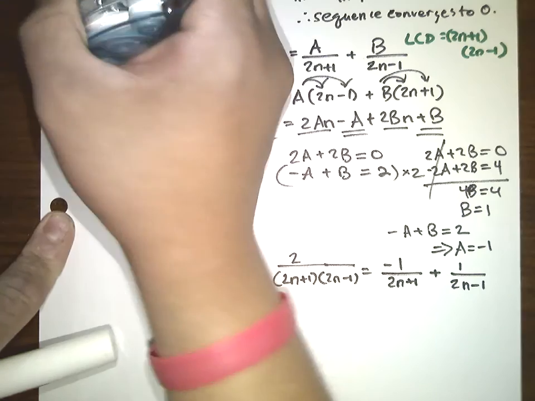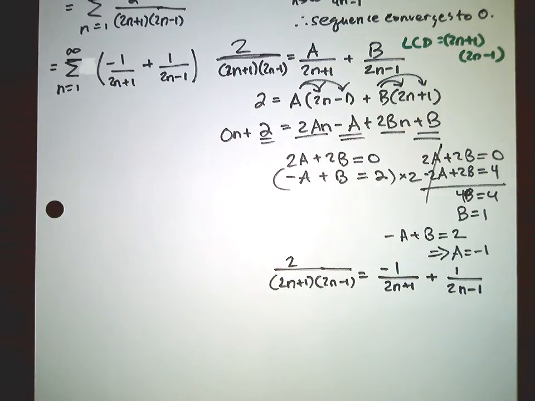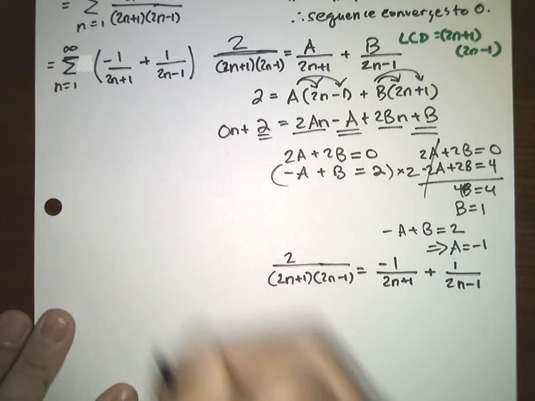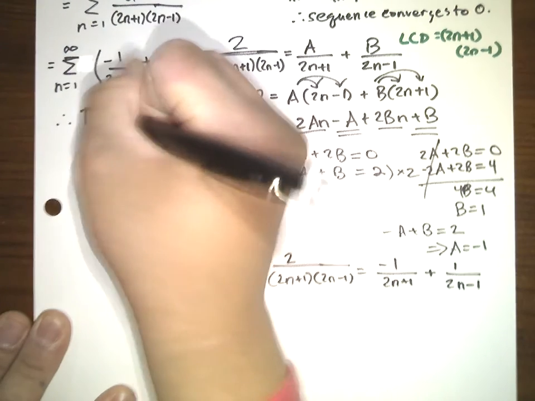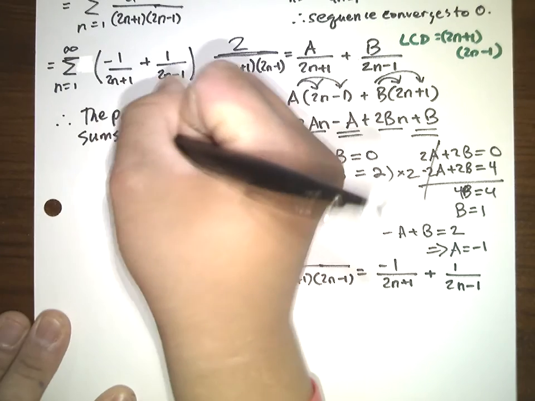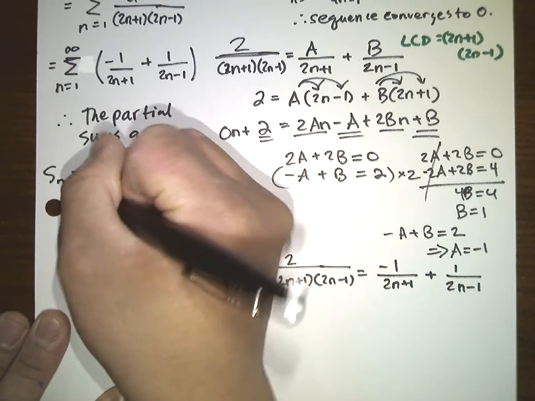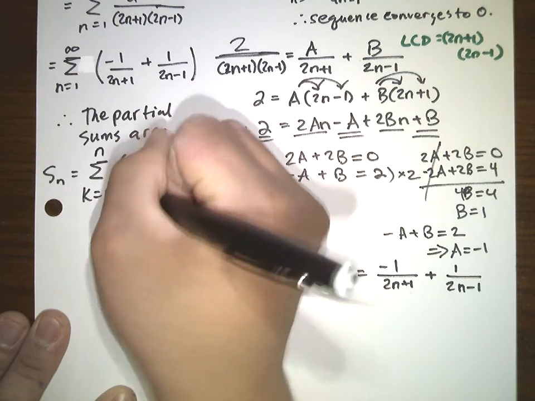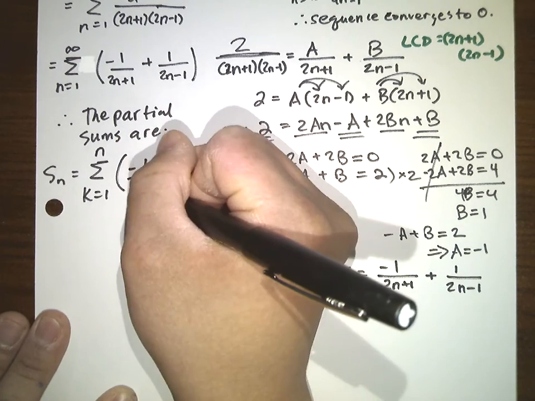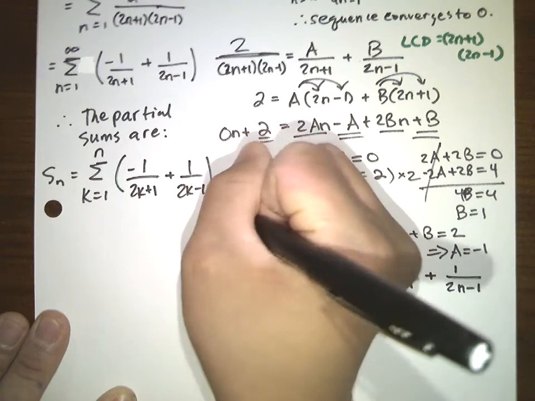Nope, I don't have another 2, so that's good. So now I can write down the partial sum. The partial sums are going to be S_n is the sum from k equals 1 to n of negative 1 over 2k plus 1 plus 1 over 2k minus 1.